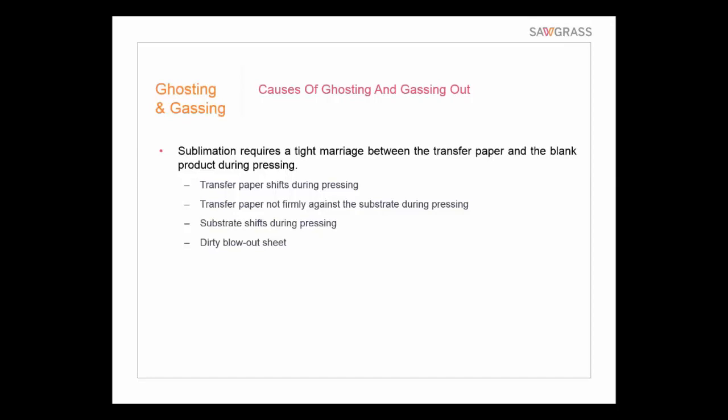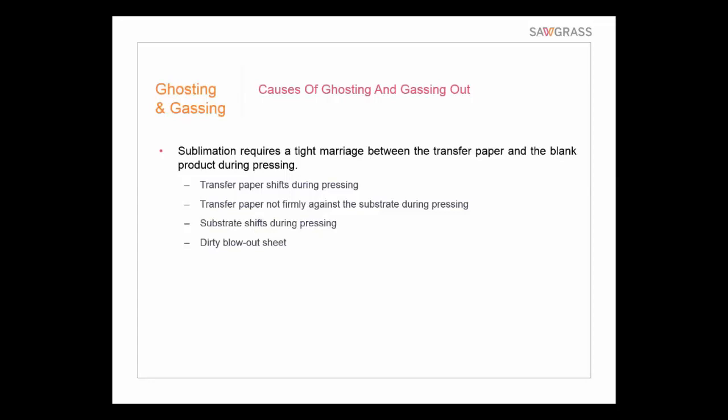And we don't want it there, because if we press another item and the heat press platen is dirty or has extra ink on it, then it may transfer that gas onto the next item. So having a blowout sheet prevents anything from getting on there in the first place, but it also prevents any dirt from the platen from getting onto what we're sublimating, okay?